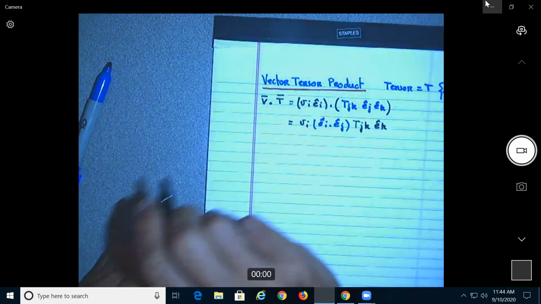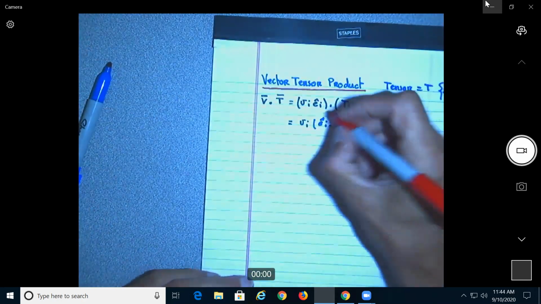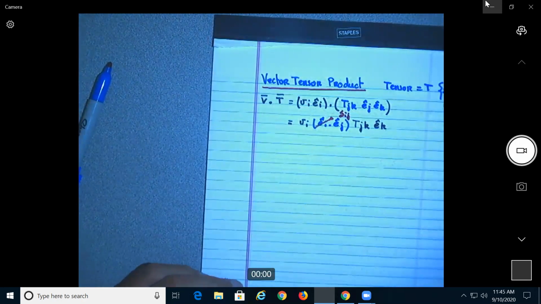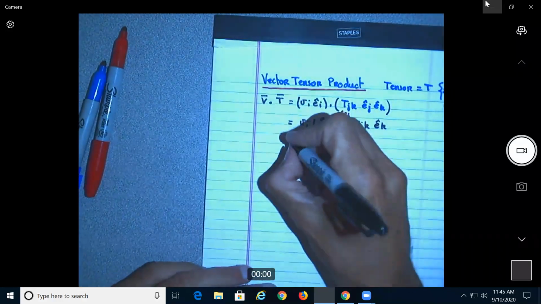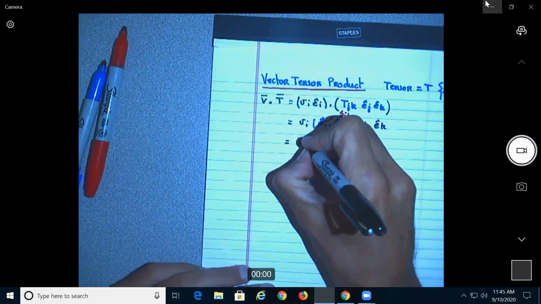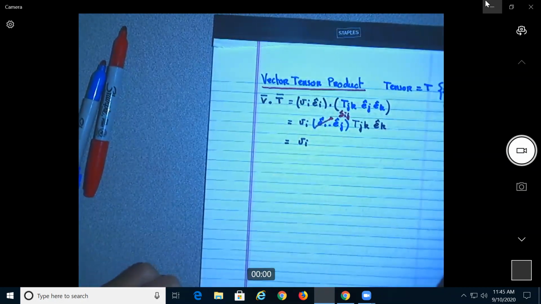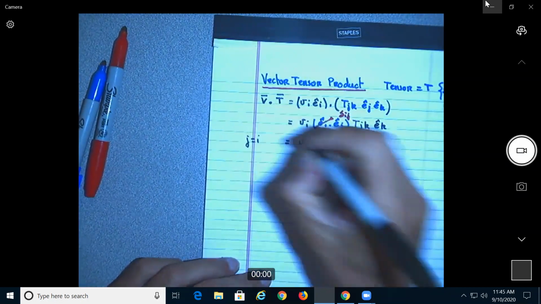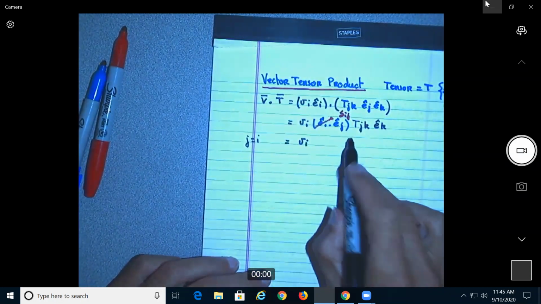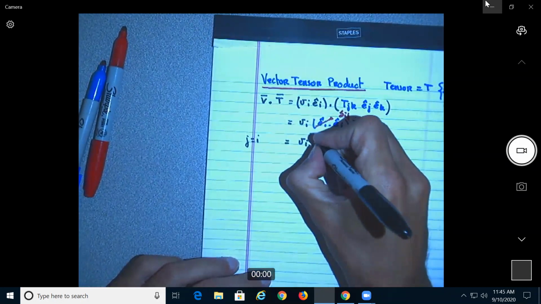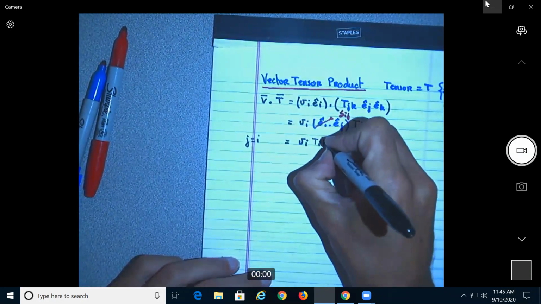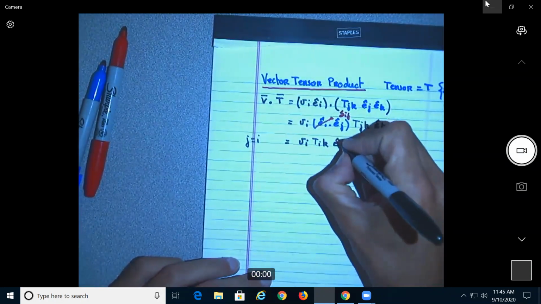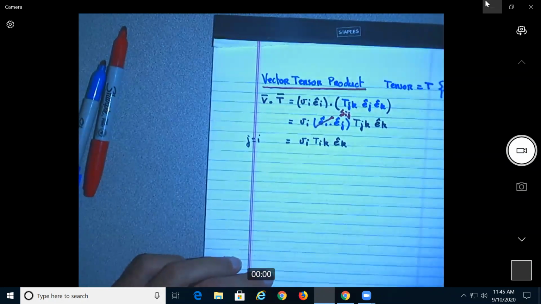Okay, so again, this is delta ij. So it will be equal to Vi, for j equal I, because otherwise it's 0. You will have what? T ik, E of k.